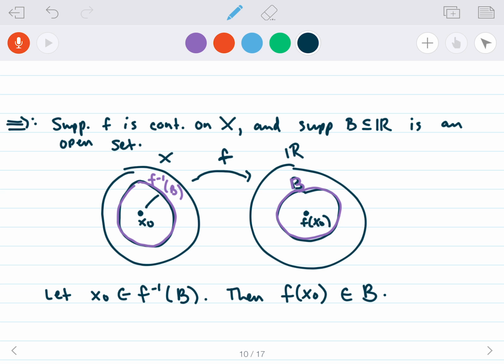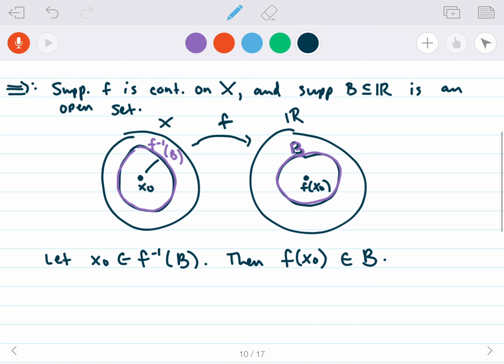Okay. All right, so since B is open, what does open mean? Remember what openness means: that there is some neighborhood around every point in the open set that's completely contained in the open set. Okay, that was our definition from chapter 5 when we started talking about open sets.